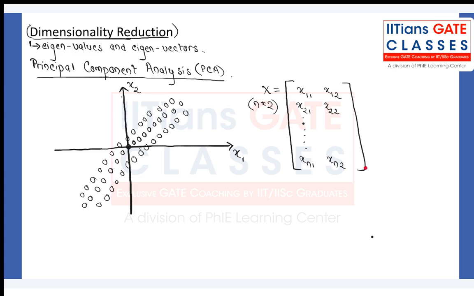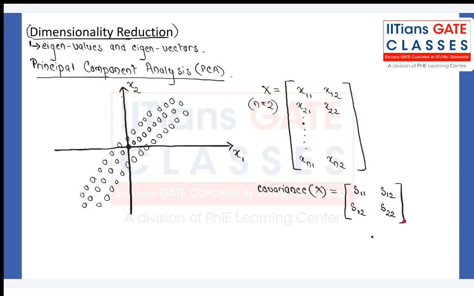Now there is something called the covariance matrix, which you might have studied in your stats. It measures the variability across different dimensions. The covariance of X is a matrix again. The first element is the variance in X1. This element is the variance in X2, while S12 measures the variability across the two features.